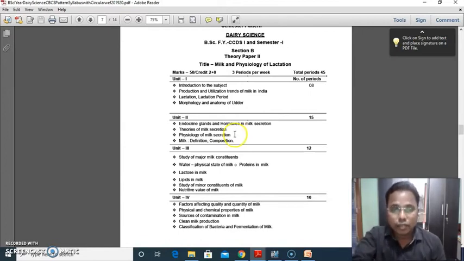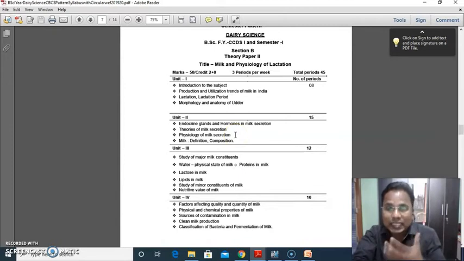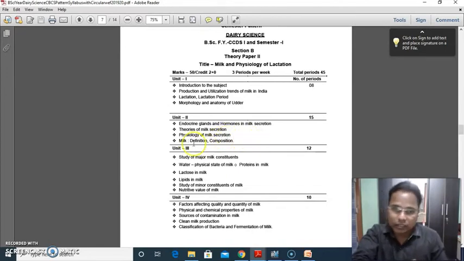And then the physiology of milk secretion, how milk is secreted, the definition and composition of milk, how milk is defined and what are the different components present in it. This will be studied in unit number 2.